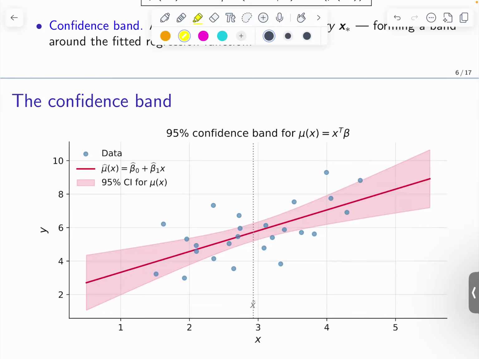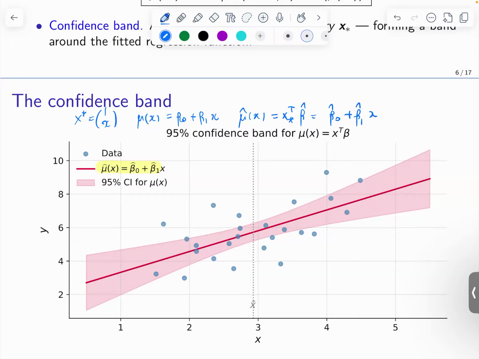You can see here the red line is the estimated regression line mu hat. In this case, x star would be just 1 and x, then mu of x would be just beta 0 plus beta 1 x. This is the true regression line. And then mu hat of x would be x star transpose beta hat, which would be beta hat 0 plus beta hat 1 x.